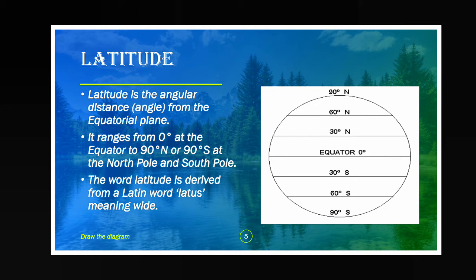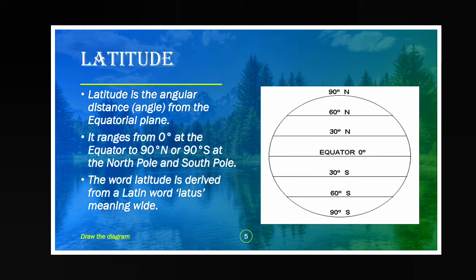Here just remember that the lines drawn from east to west, that is from your right hand side to left hand side, which are circular and imaginary, are called parallels or lines of latitude. And the magnitude or value of these lines, the angular distance from the equatorial plane, is called the latitude. That means equator is equal to 0 degree. This 0 degree is the latitude and the equator is the parallel or line of latitude.